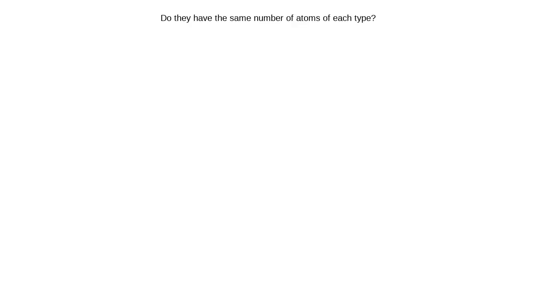So there's two possibilities here: yes or no. If the answer is yes, then you have an isomer. We just have to figure out what type of isomer it is.